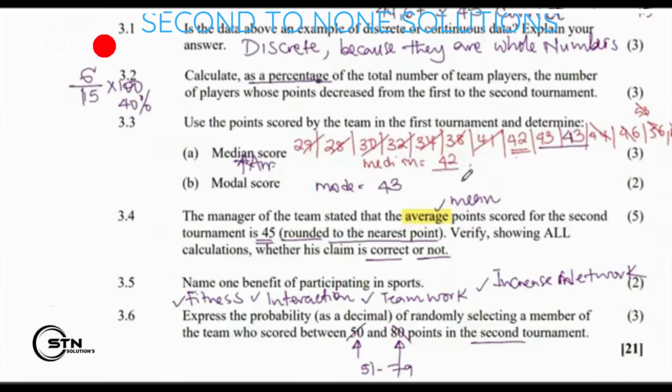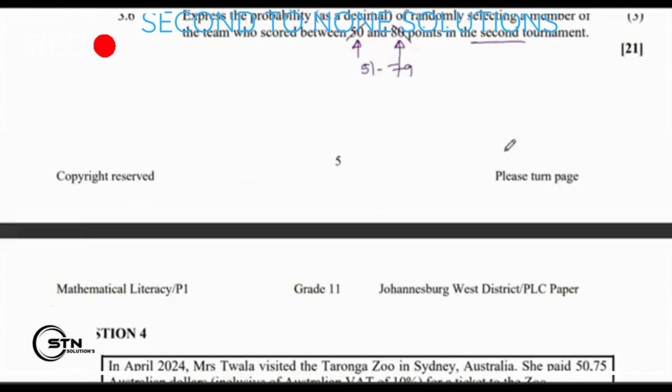So probability, remember, we have got 3 out of 15, which is the same as 1 out of 5, but they said as a decimal. So as a decimal, we end up having 0.2.